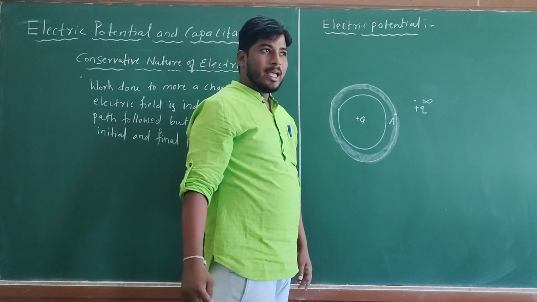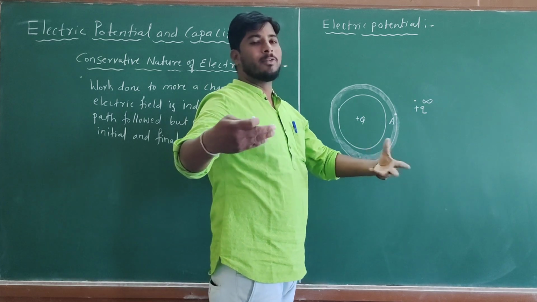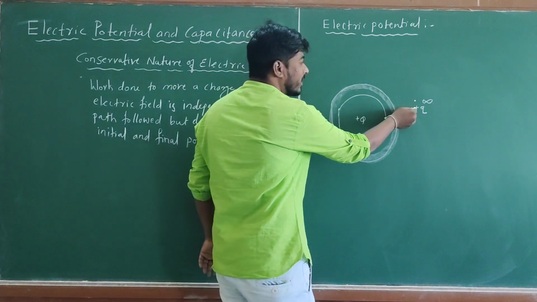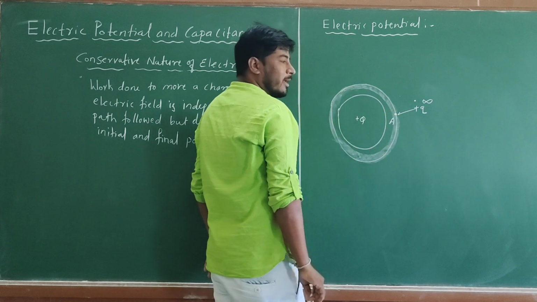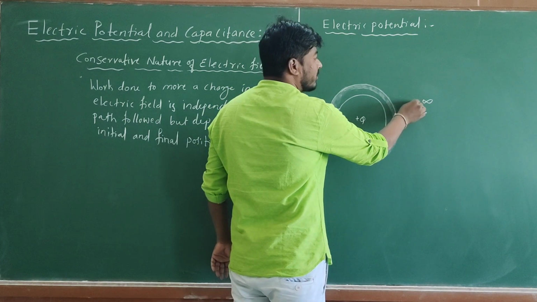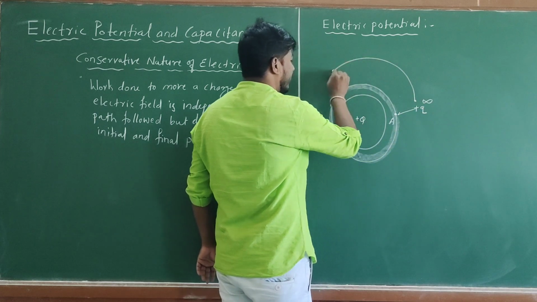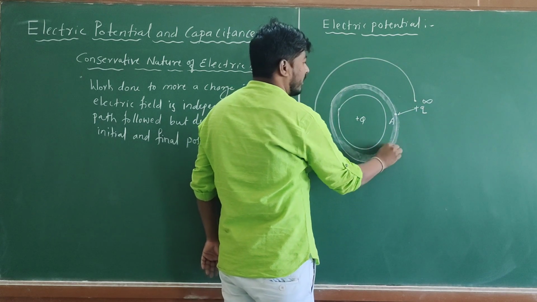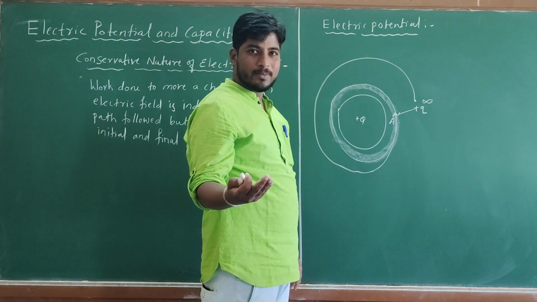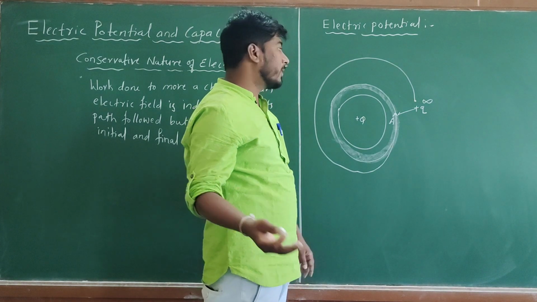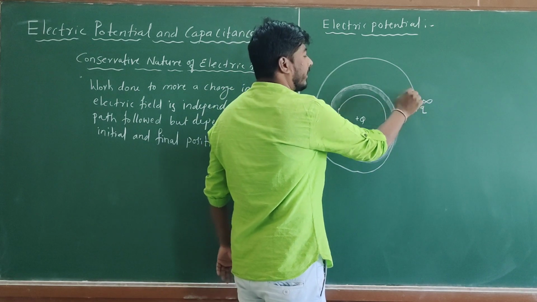No matter what path I have followed, I can bring this unit positive charge directly to here, or I can bring it from this point to here. No matter whatever the path followed, it depends only on its initial and final positions.